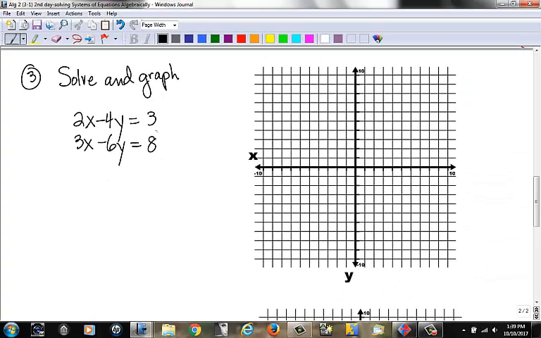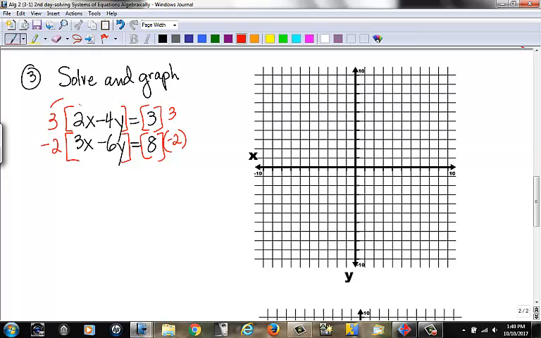Now I'm going to pick the method because I want to show you. On this one, I want you to solve by elimination, and we're going to eliminate the x's. So to eliminate the x's, I'm going to multiply that top equation by 3, which you could do your way also, and the bottom equation by -2. It's not a bad idea to put that -2 in parentheses, so you know you're multiplying.